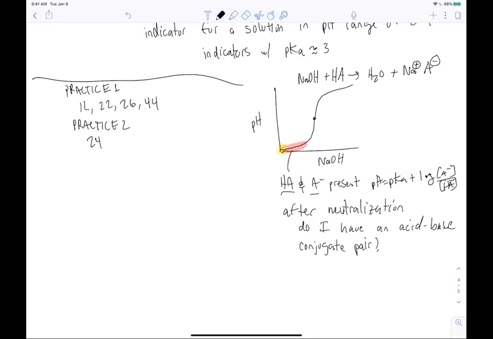If the answer is yes, you use the Henderson-Hasselbalch equation. If the answer is no, it's going to be something else.